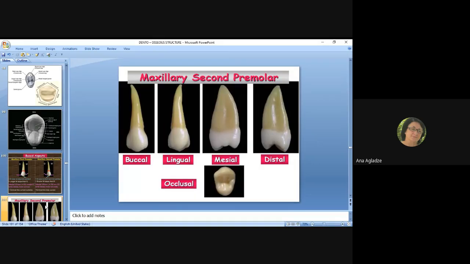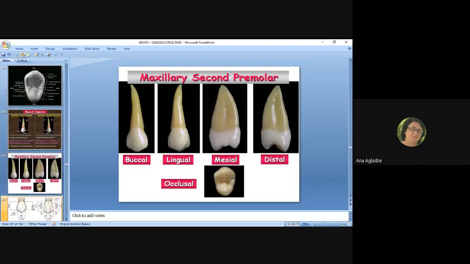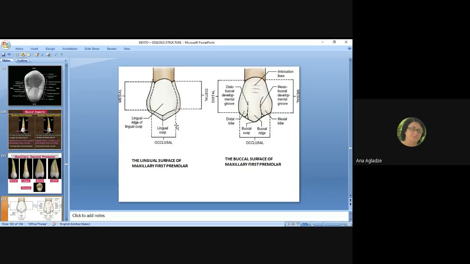Now, let's discuss the maxillary second premolar. You see these five profiles of this. Here you can see these diagrams.